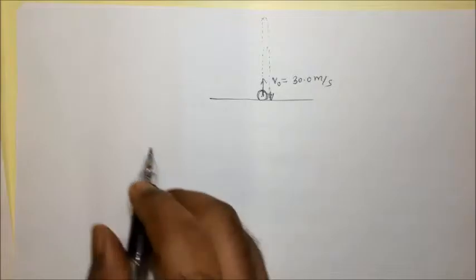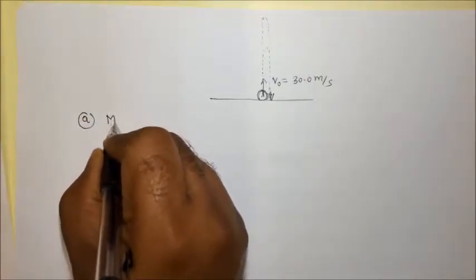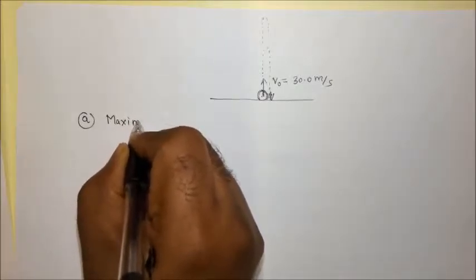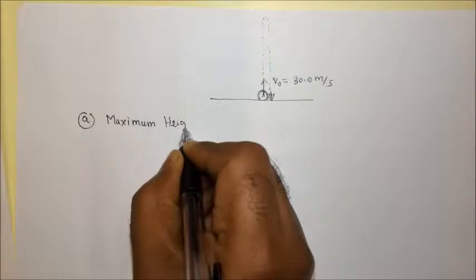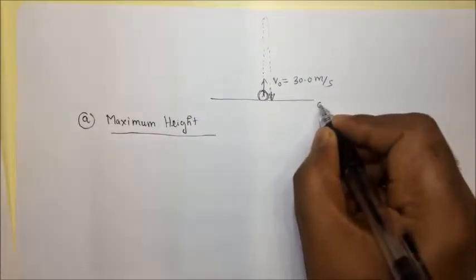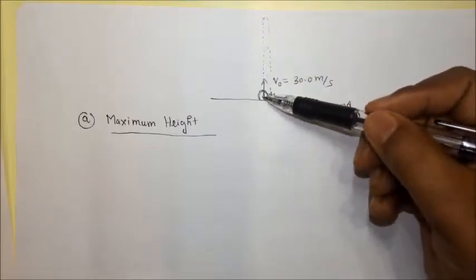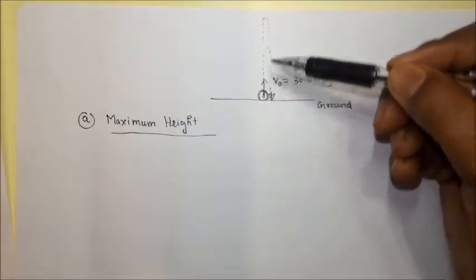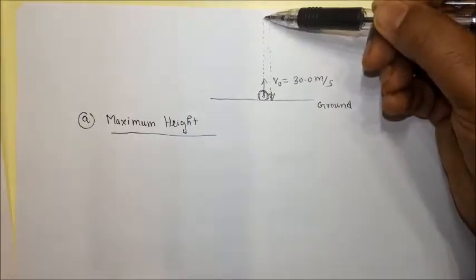So the A part, we need to find maximum height. Starting is here on the ground, and for maximum height it comes to the top. What will be the velocity at the top?